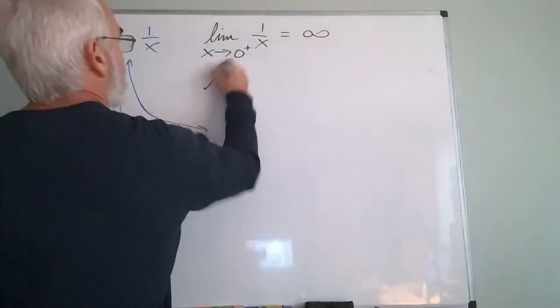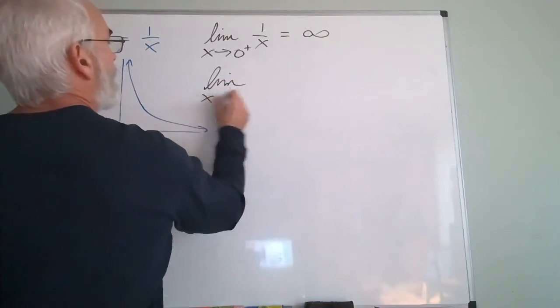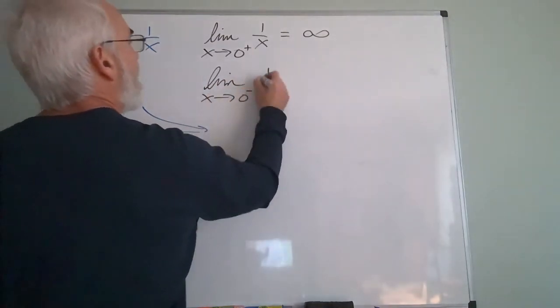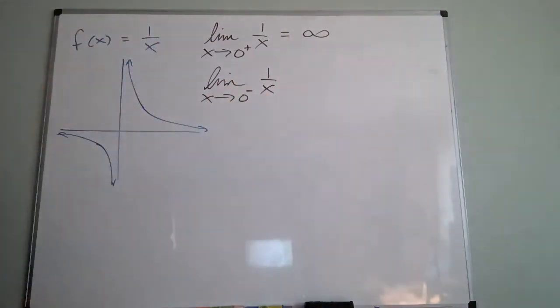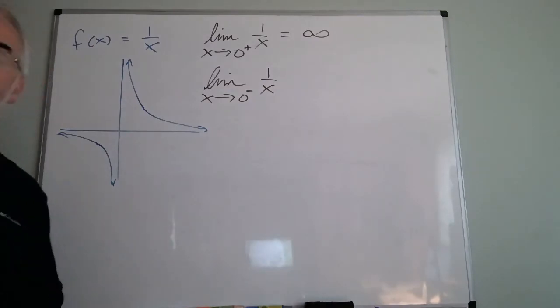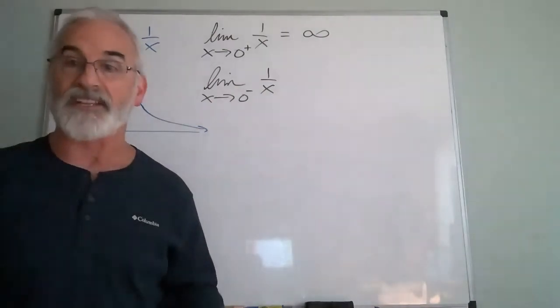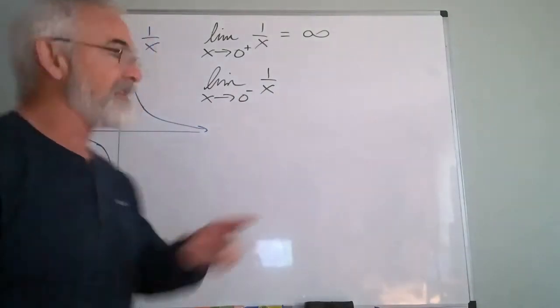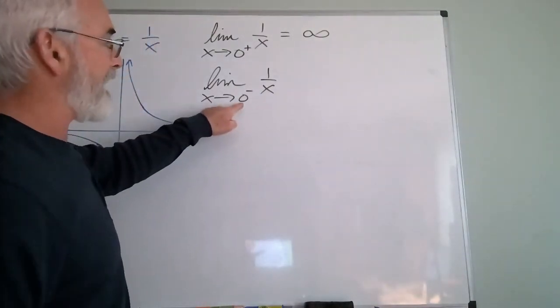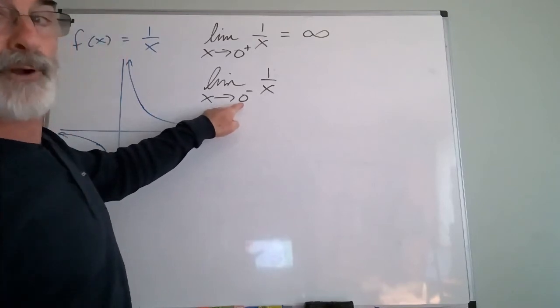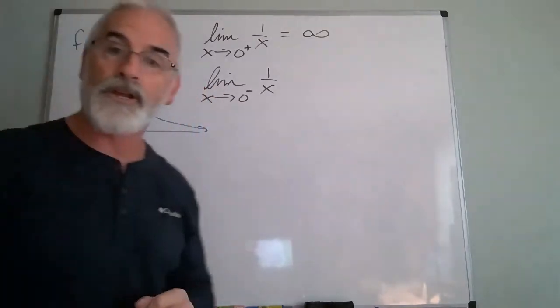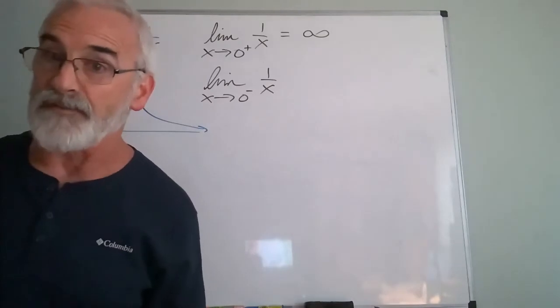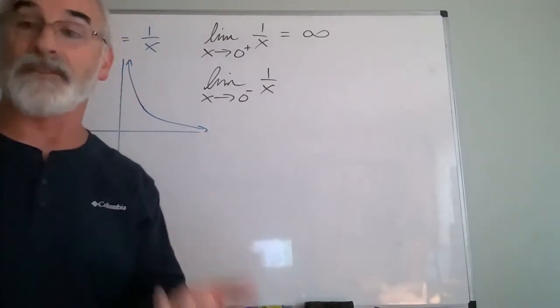Now, what if I ask the question, the limit as x goes to 0 from the left of 1 over x? Again, as x approaches 0, 1 over x is growing without bound. It's getting astronomically large. But the difference is all of my x values are now negative because I'm approaching from the left of 0. So x is always negative, therefore its reciprocal is always negative.